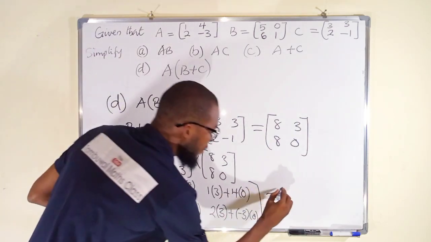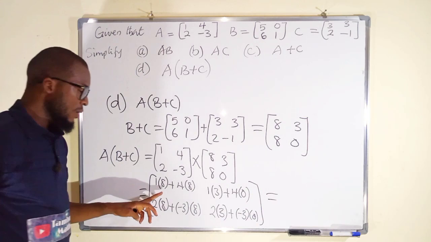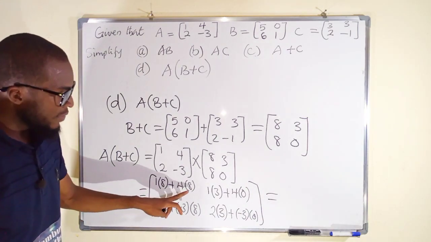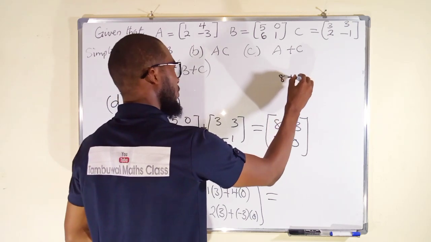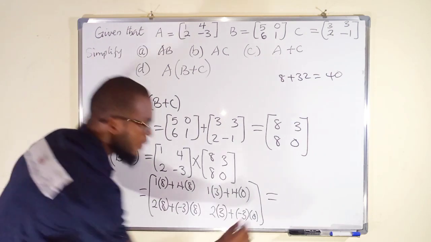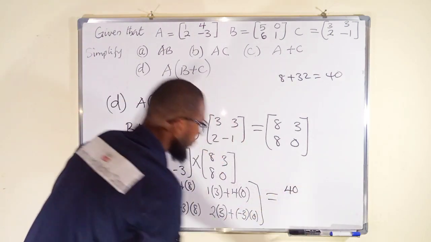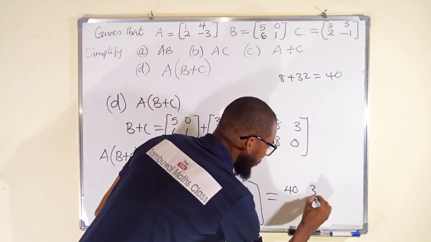So 1 times 8 is 8. Then 4 times 8 is 32. So you see we have 8 plus 32, which is equal to 40. So this is 40. You move on, we have 3 and 0, which is 3.